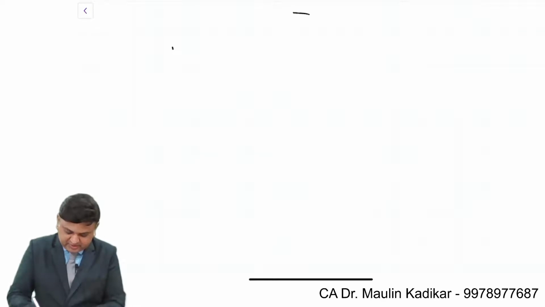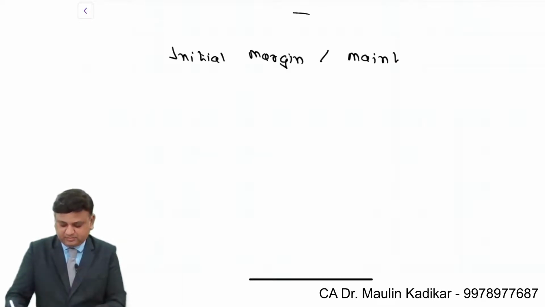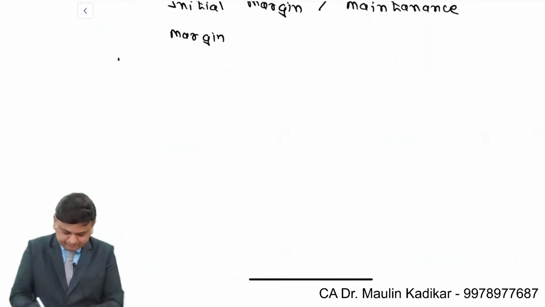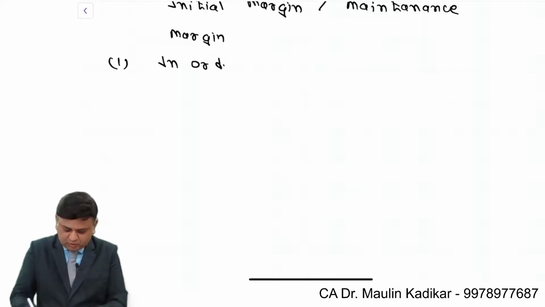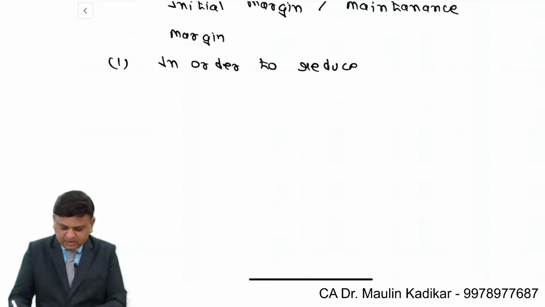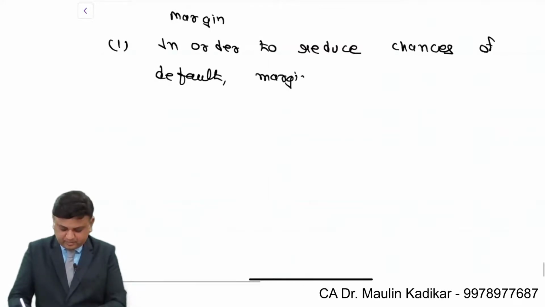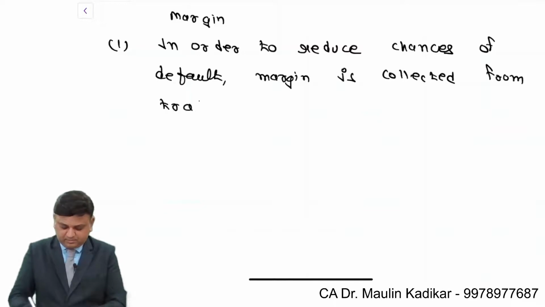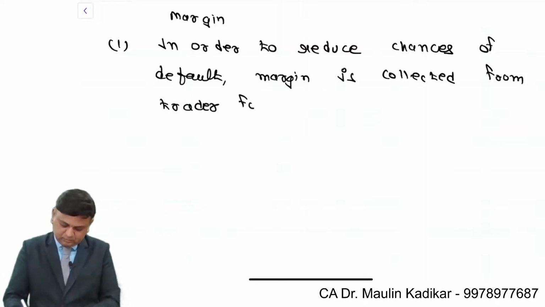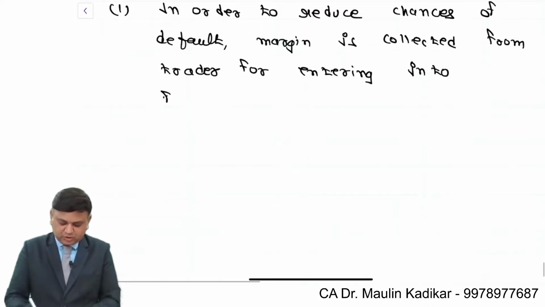That on heading initial margin slash maintenance margin, write down first point: in order to reduce chances of default, comma, margin is collected from trader for entering into futures contract.